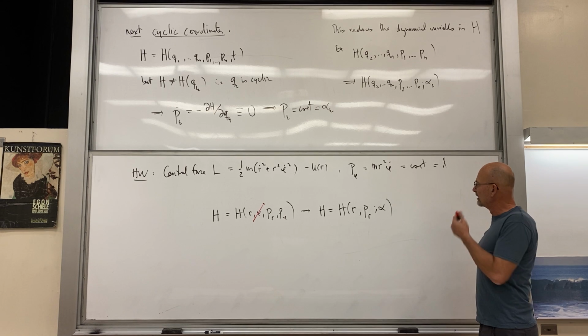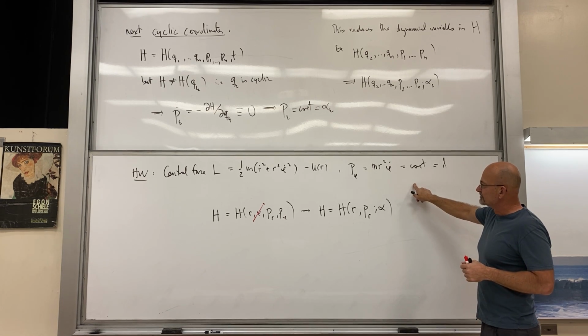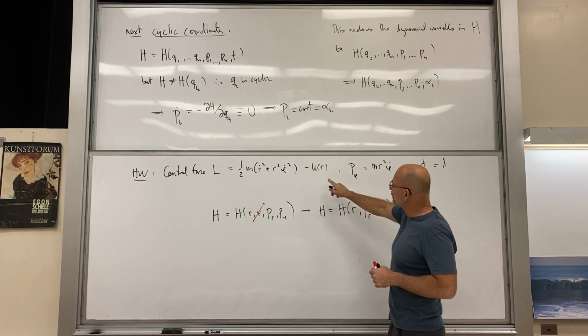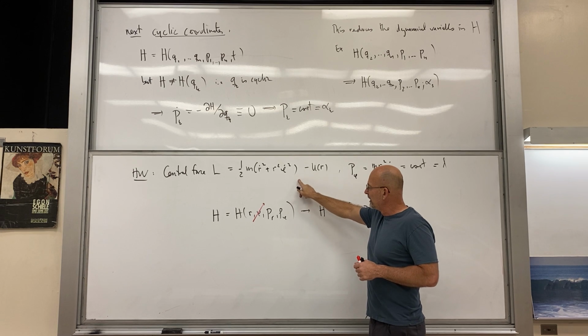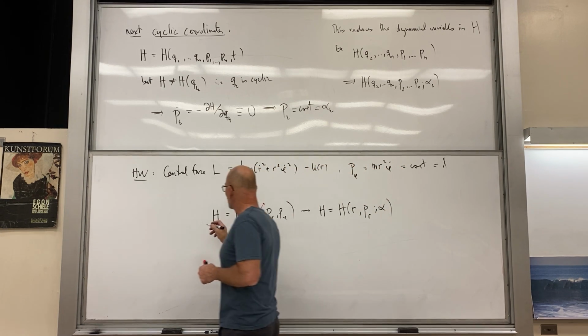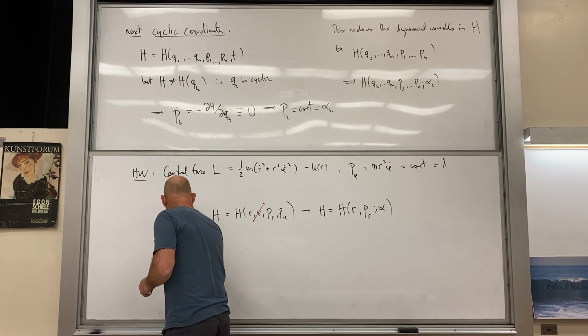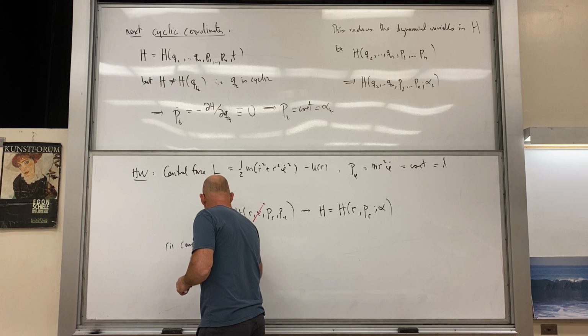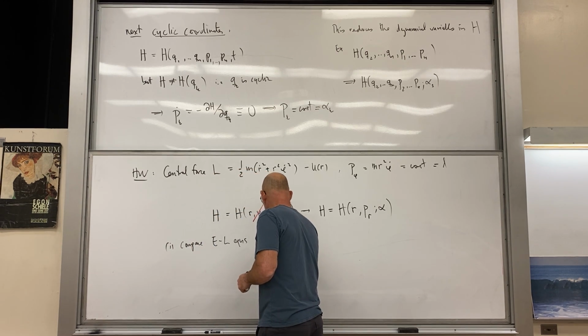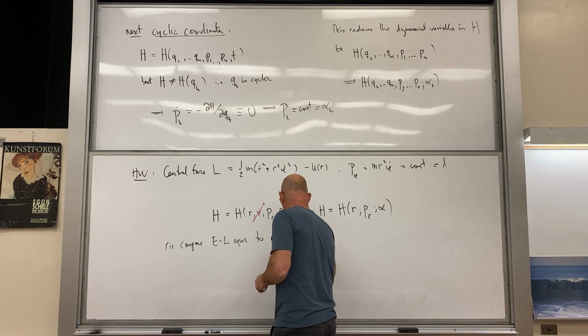Okay, so here's what we want to do. We want to compare the Euler-Lagrange equation and Hamilton's equations. So the homework is, 1, compare the Euler-Lagrange equation to Hamilton's equations.